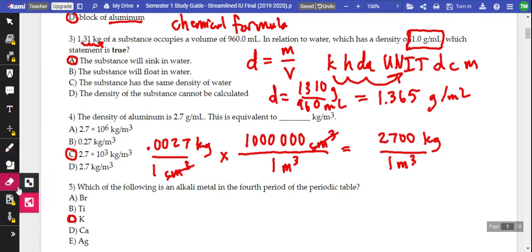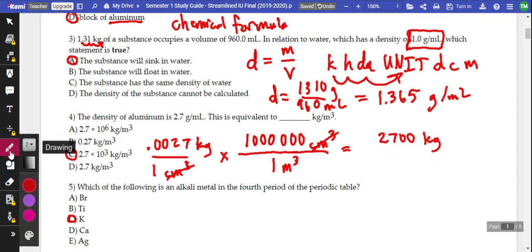So let's change this around here. Let's write this as kilograms per cubic meter like that. Which, if I want to write it in scientific notation, I've got to move 3 spots: 2.700 times 10, and I'm moving that spot to the left, which means my number is actually bigger than I'm writing it.